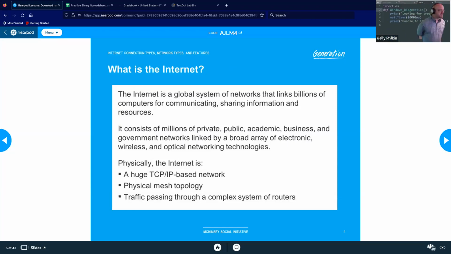It's made up of millions of private, public, academic, business, and government networks, all linked together by a broad array of electronic, wireless, and optical network technologies. So depending on the areas you're in, you may have older technologies, and others may have far more advanced.